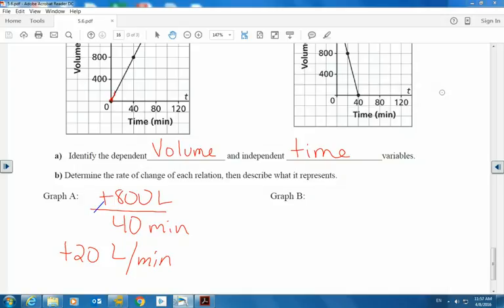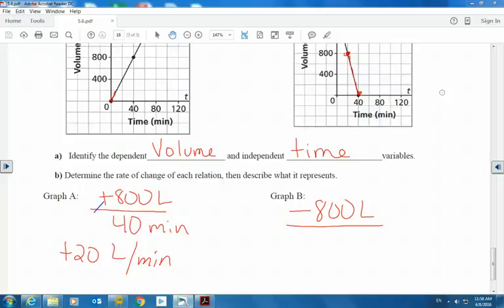All right, now let's do the same thing for graph B. How is it changing from here to here? So it's going down 800 liters. And how long does it take to do that? Why is it only 20?